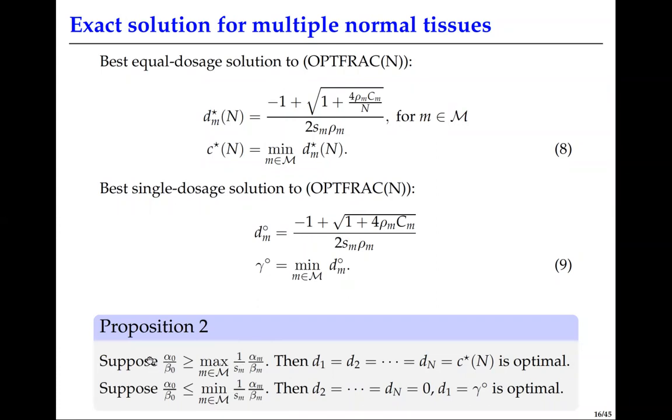So typically for something like head and neck cancer, this type of equal dosage solution would be optimal when the number of treatment sessions n is fixed, and I want to solve that optimal fractionation problem. On the other hand, people believe that for a cancer such as prostate, the alpha over beta ratio for that cancer is typically smaller than those for all those normal tissues. And then in that case, a single dosage solution would be optimal in that optimal fractionation problem.